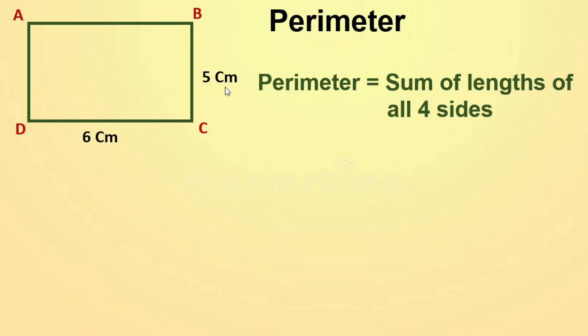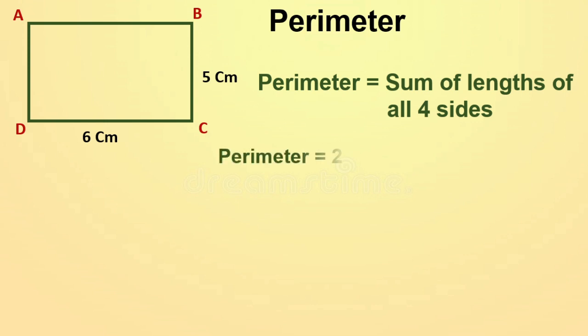Dear children, one thing you have to remember: in a rectangle the opposite sides are always equal. If CD is equal to 6 centimeter, then AB is also 6 centimeter. And BC is 5 centimeter, it is given. So AD is also 5 centimeter.